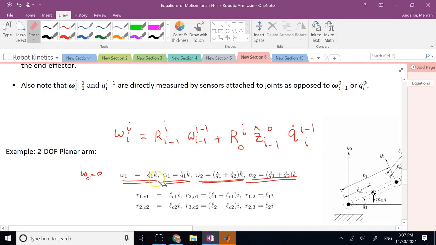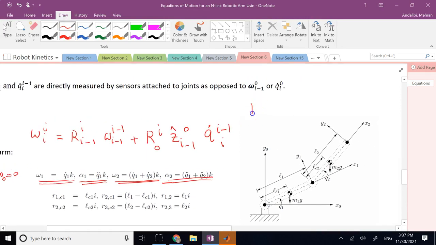Now, is that going to give me both omega 1 and omega 2? Absolutely. So in this case, you know you have rotation matrices 1 and 2. What are they? Well, your rotation matrix of 1 with respect to 0, or 0 with respect to 1, doesn't matter, you can do the transpose of it. So rotation of 1 with respect to 0 is cosine of Q1, negative sine of Q1, 0; sine of Q1, cosine of Q1, 0; 0, 0, 1.